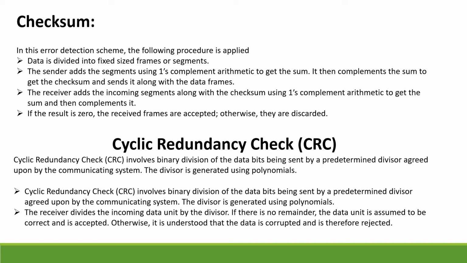It then complements this sum to get the checksum and sends it along with the data frames. The receiver adds incoming segments along with the checksum using ones complement arithmetic to get the sum and then complements it. If the result is 0, the received frames are accepted, otherwise they are discarded.